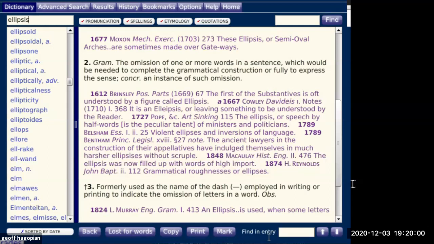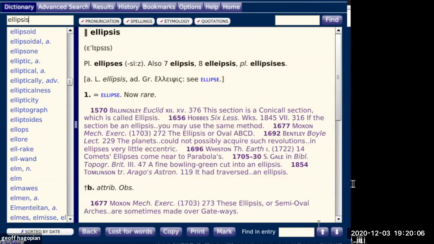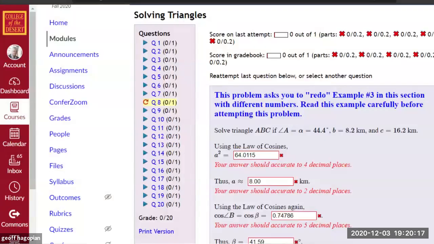Formally used as the name of the dash employed in writing. Right, so ellipsis is generally three dots. That's what most people think of when you think of ellipsis, with an I, because that's a completely different word, although apparently there is some historical connection with the ellipse.